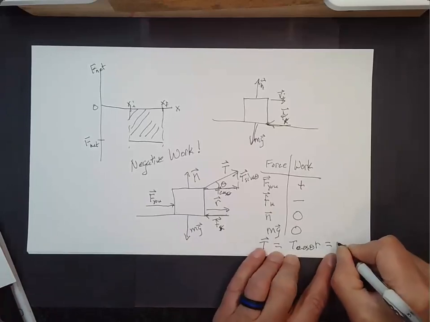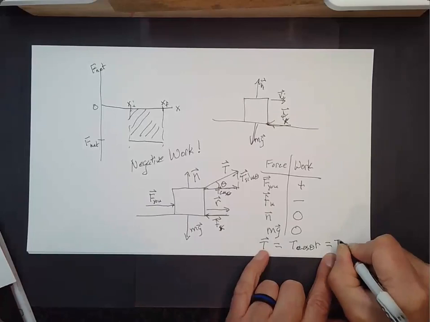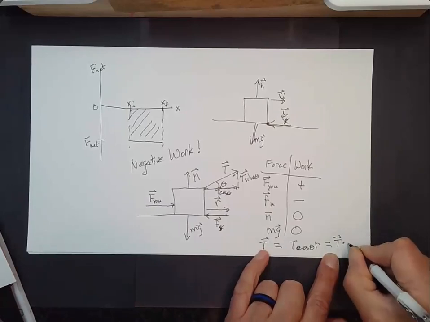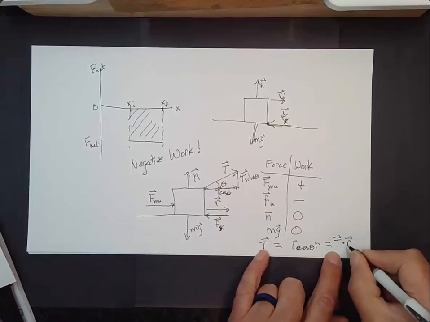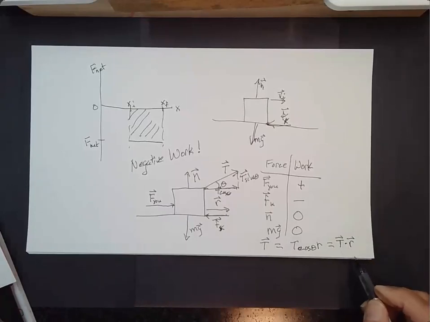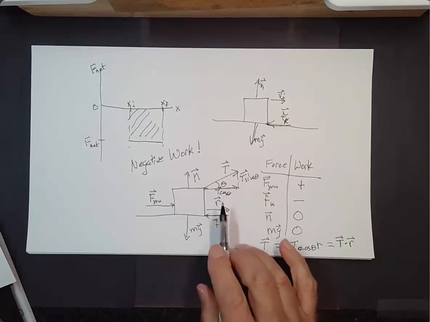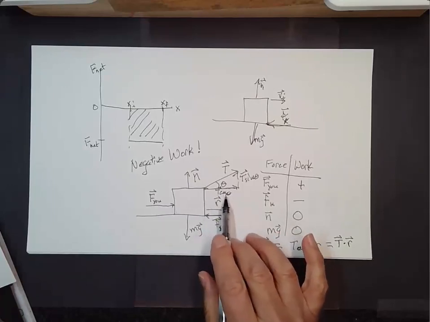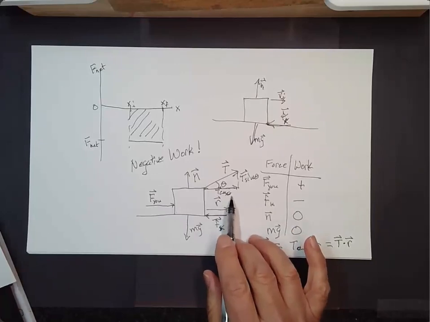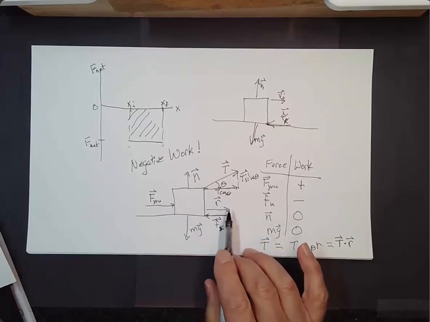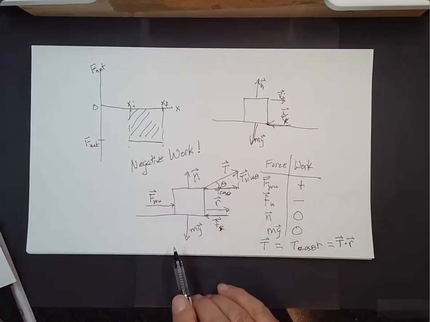Turns out the work that's done by that force is equal to T dot r, the dot product. What that'll give you is T times r times the cosine of theta. T cosine theta ends up being the component of the force in the direction of the displacement.